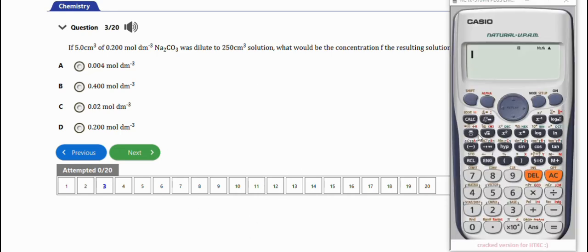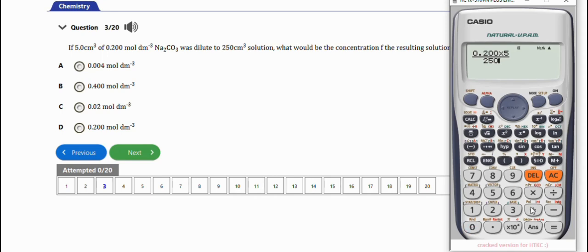To make C2 the subject of the formula, divide both sides by V2. So our C1 is 0.200 times our V1 to be 5 over V2, that's 250.